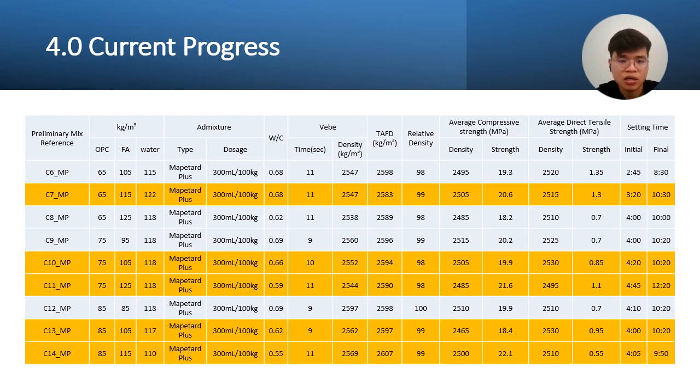From the table, we have the result for VB time, density, compressive strength, direct tensile strength, and also the setting time. As a result, from the preliminary mix design, 5 mix designs are selected for the next stage, which is the first stage of the mix design for further study, as highlighted in orange color.